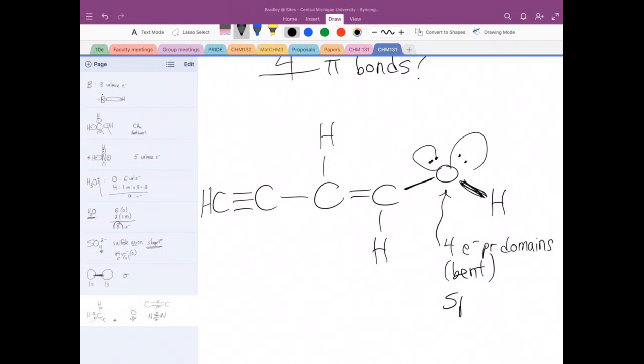So we would really say that is sp3. The easy way to figure out sp2, sp3, whatever it is: just figure out how many atoms are bonded to it, and then take one off. This oxygen has 4 electron pair domains, and if you take one off, that gets you 3, so it's sp3.